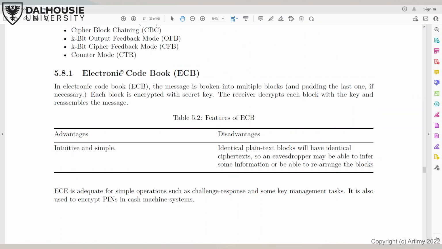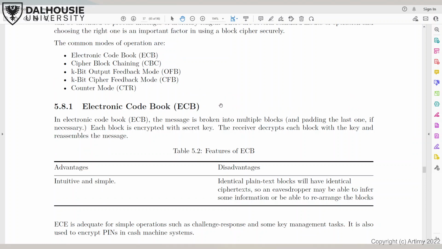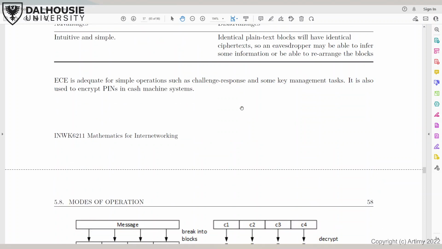So the electronic code book is not the best, even though it's the simplest. We could still use it for something simple like exchanging small bits of information, like a PIN number at the cash machine, or a small password, where the chances of having a big block of data are small.